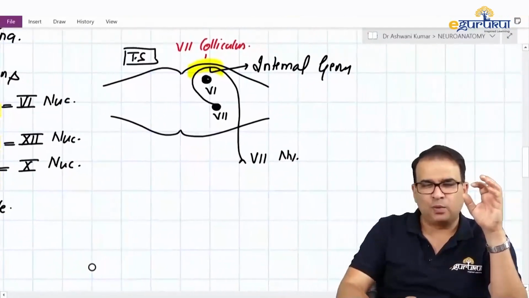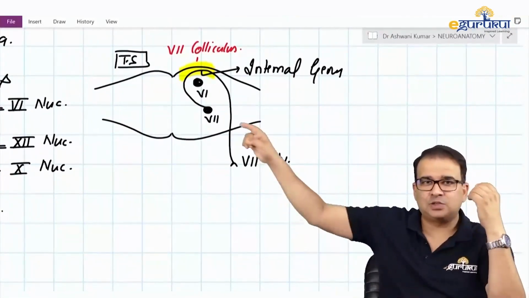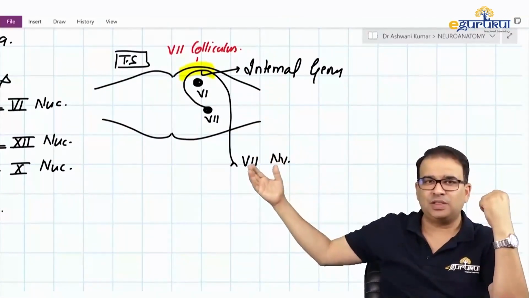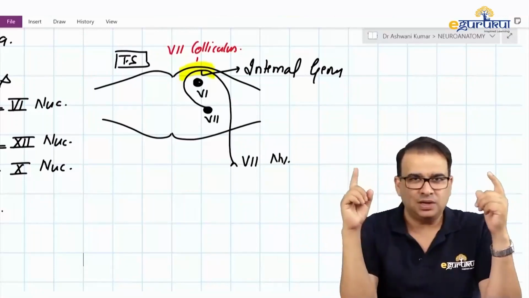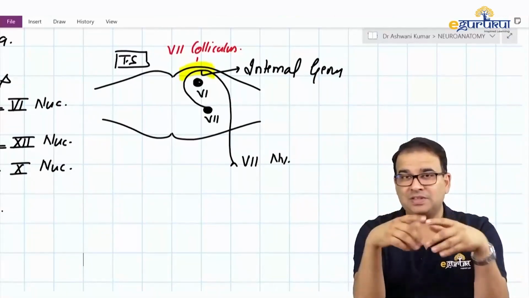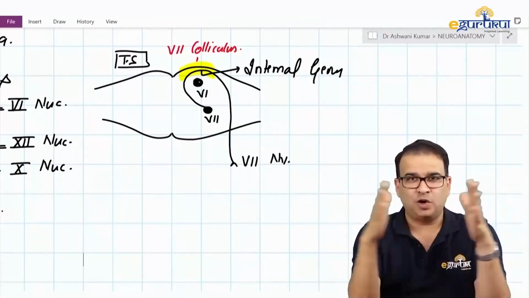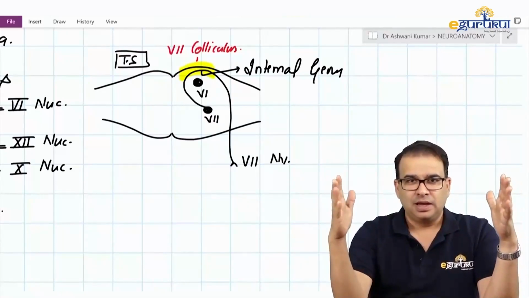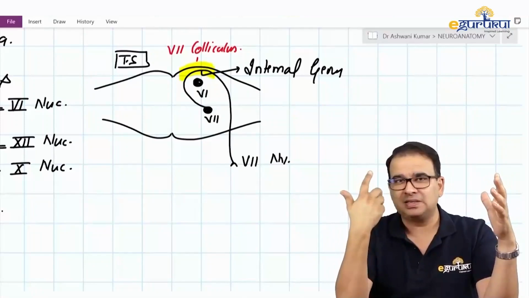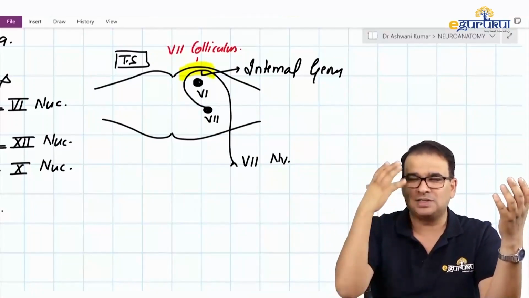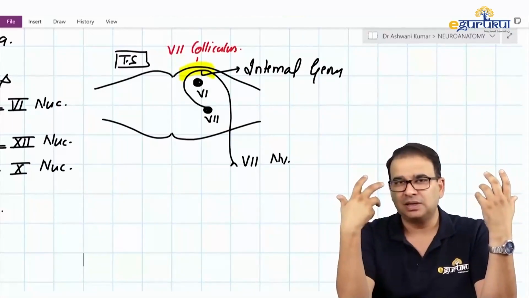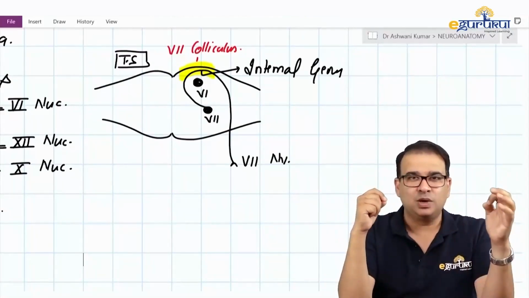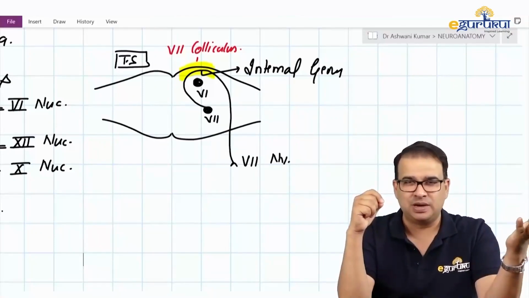First, let's understand what the need for all this is. Why does the facial nerve have to wind around the sixth nucleus when it can simply come out like this? If you think about all the cranial nerve nuclei, the main motor nucleus of the face is the facial nucleus, supplying all the muscles of facial expression. The main sensory nucleus of the face is the trigeminal nuclei.